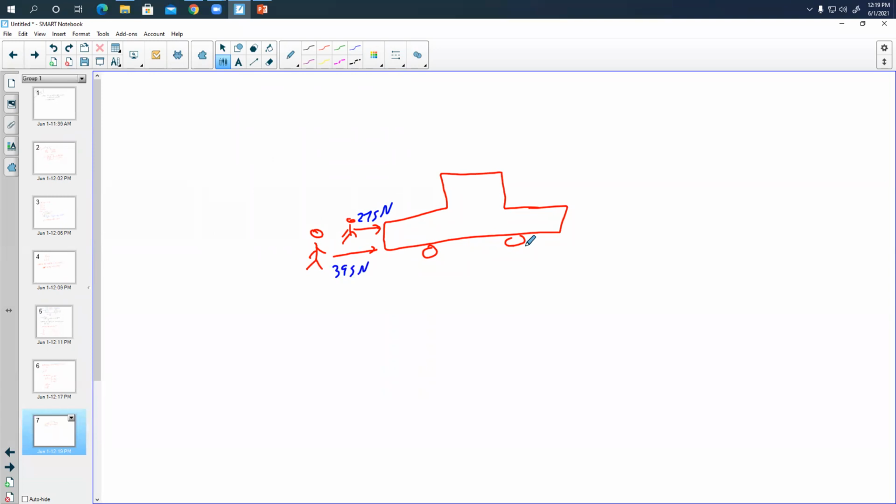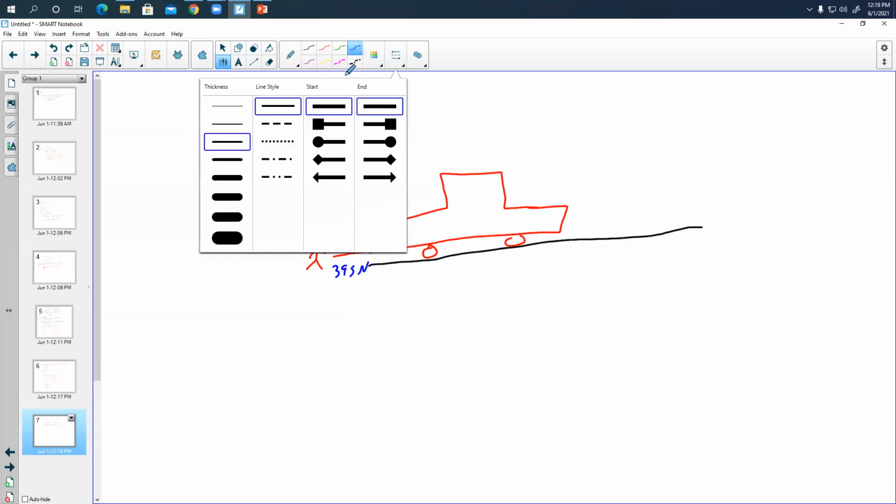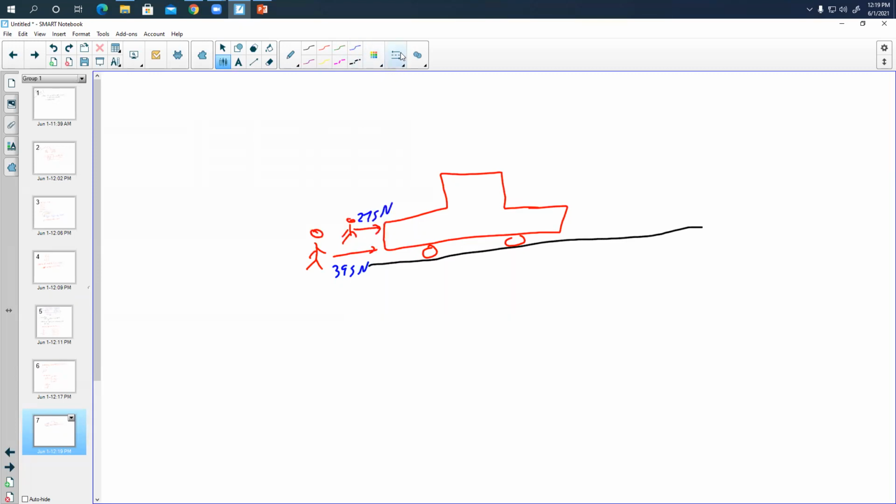Now, the car is actually going on a friction surface. So you've got a surface over here, the asphalt, if you will, which means it's producing a friction force opposite of the direction. So it's going this way at, let's say, 560 newtons. So if you do that, what's your net force?